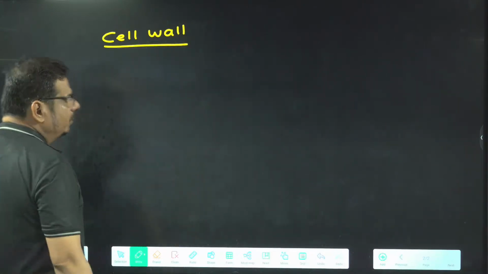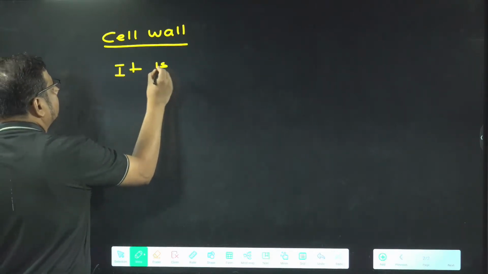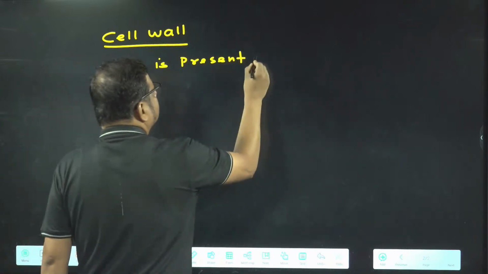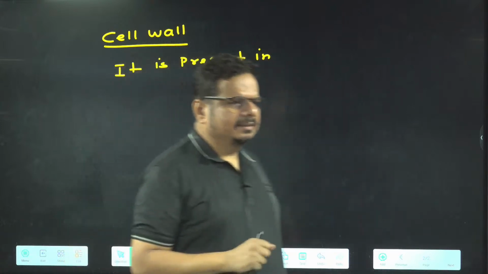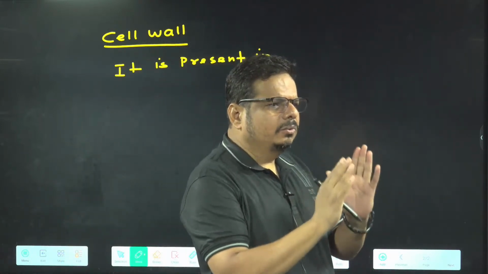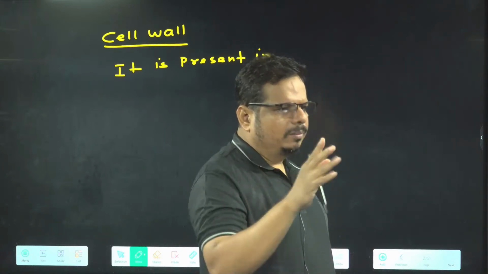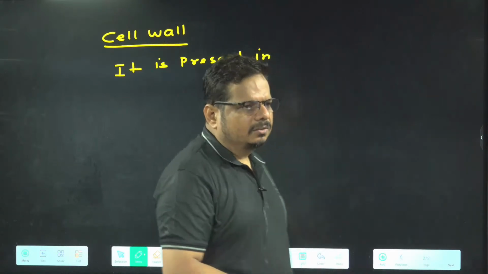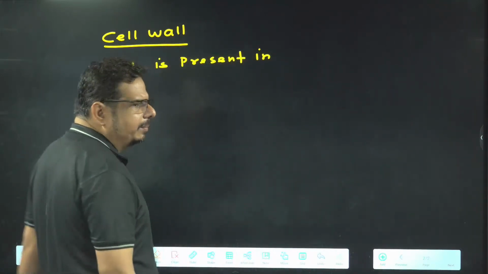Cell wall. So if you talk about cell wall, we are going to talk about eukaryotic cell. So I am not including here what? Monera. Cell wall of monera or prokaryotic cell I already told in earlier classes. So here I am saying in the reference of eukaryotic cell. So it is present in which ones?